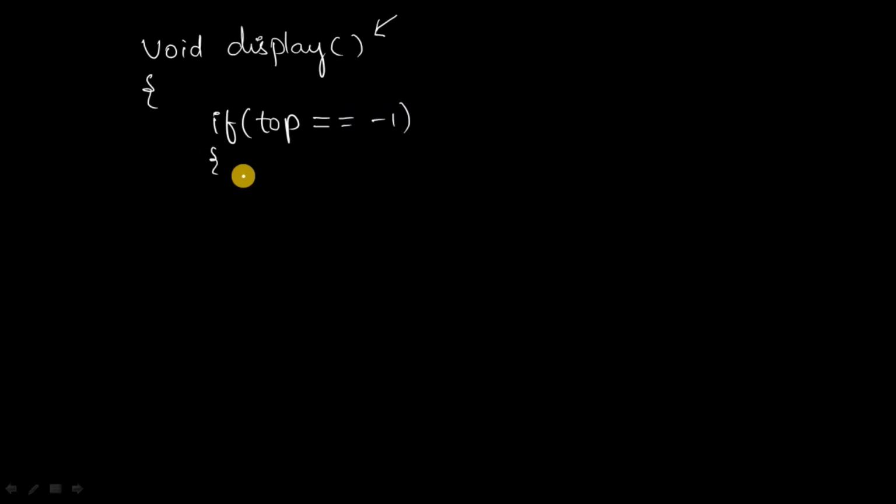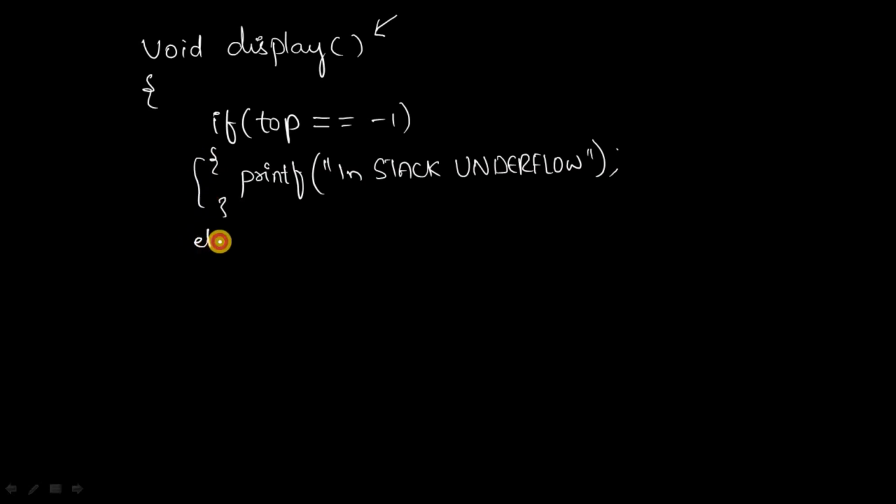So if top is equal to -1, printf in a new line, it is stack underflow. Else, if the condition becomes false, it will come to the else part.